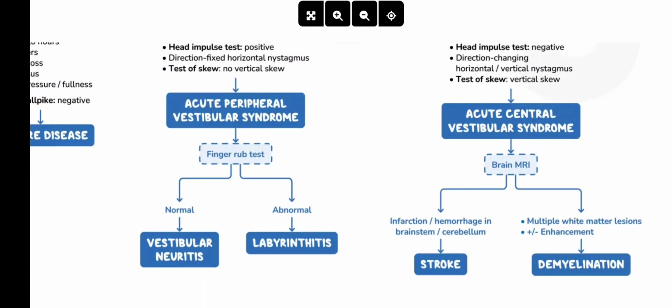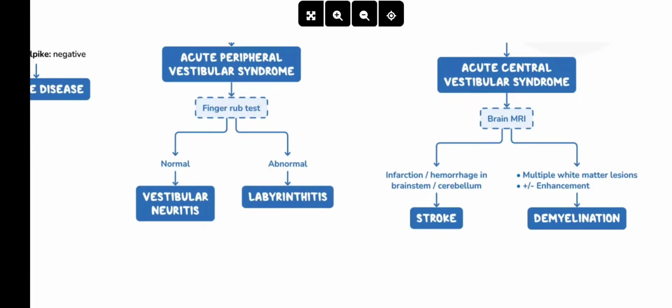Acute peripheral vestibular syndrome. And if you rub the finger close to the ear and the patient can hear the rub, that means no hearing loss, that means vestibular neuritis, like in the vestibular nerve only the vestibular part is inflamed, so that's why there will be no hearing impairment.